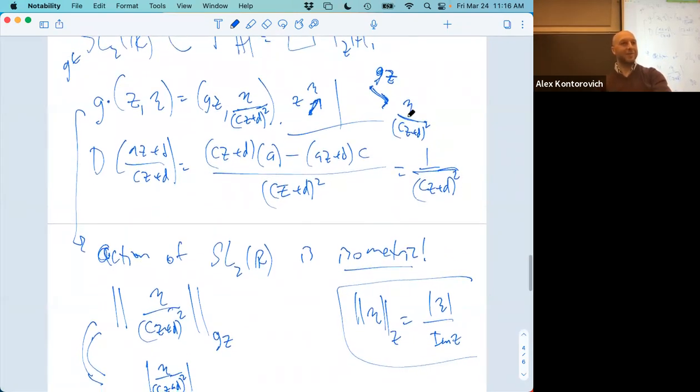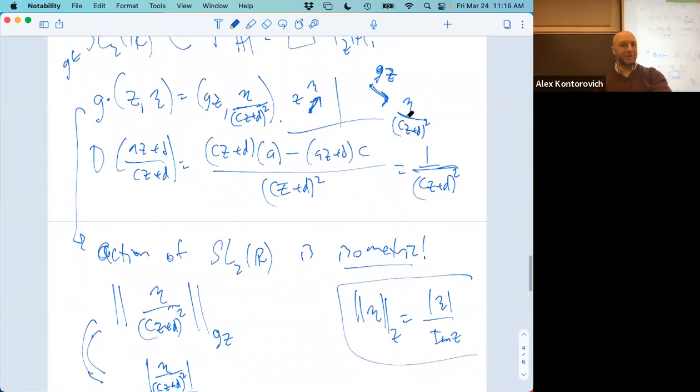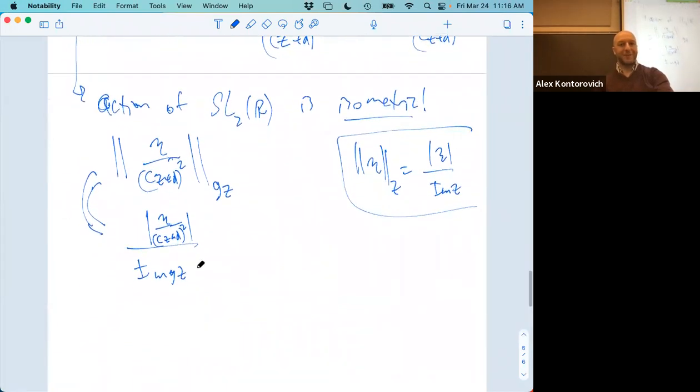Eta is a complex number. And so this quotient is some complex number. But when I take the length here, the absolute value, I will get the absolute value, not just the square. So this gives me eta over the absolute value of cz plus d. I'll still write it as squared, and then there's my absolute value.